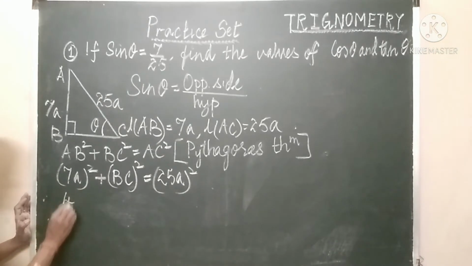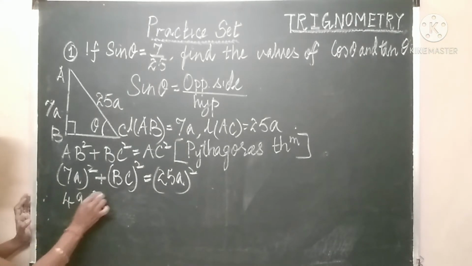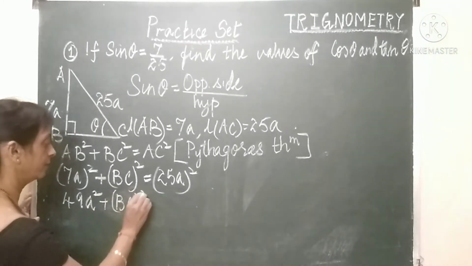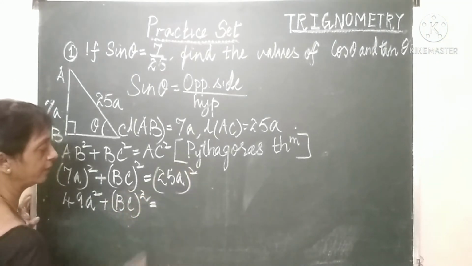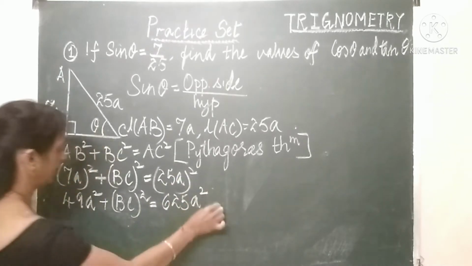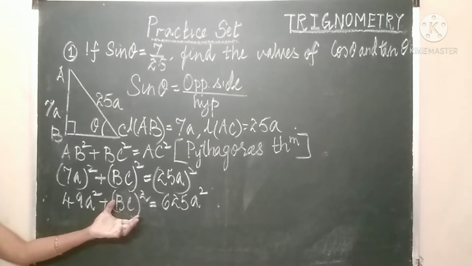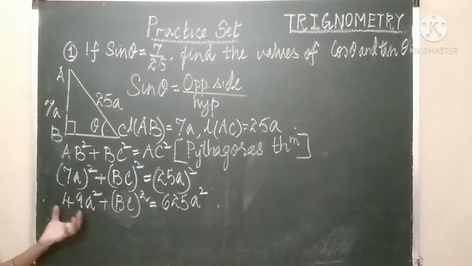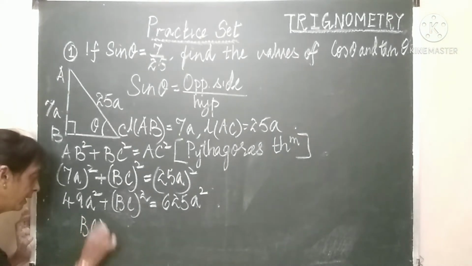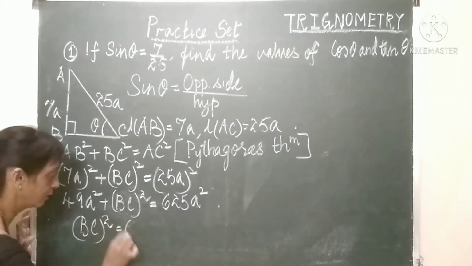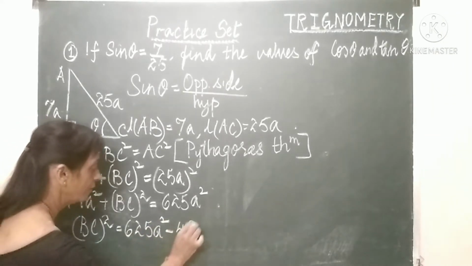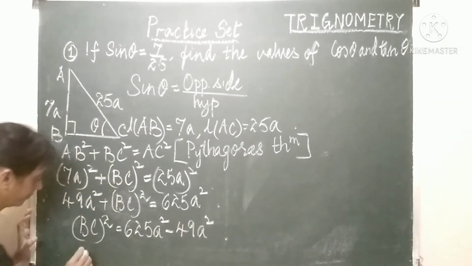7a the whole square will be 49a square plus BC square, which is equal to 25 into 25 gives us 625. a into a is a square. We have to find out the value of BC. So let's transfer 49a square to the other side. So we get BC square is equal to 625a square minus 49a square.